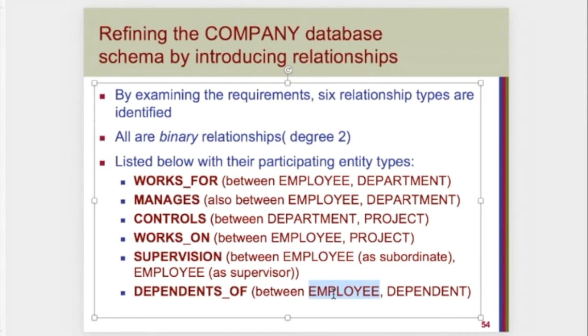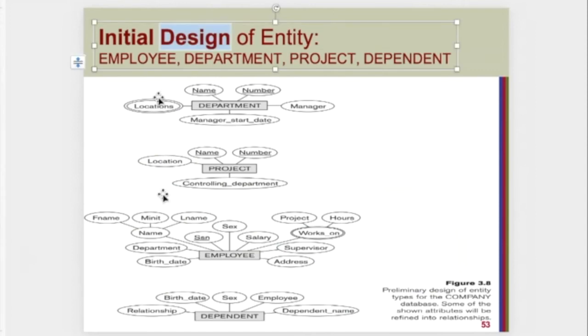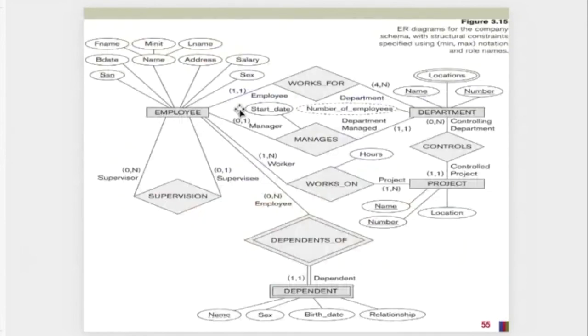We will see. It's time for us to express all these relationships in our initial model. This was our initial model or initial design, where we had our entities, we had their attributes, and we had our project employee and their attributes. Now it's time to link them. Let's link them. This is our ER diagram of all those connections.